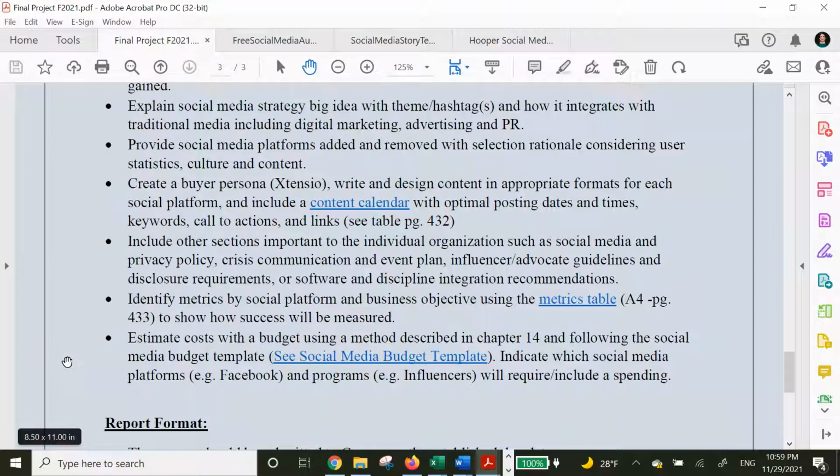The numbers don't necessarily have to be super accurate, because for many of these companies you don't work at them and don't have full access to the budgets, but you could estimate the numbers.